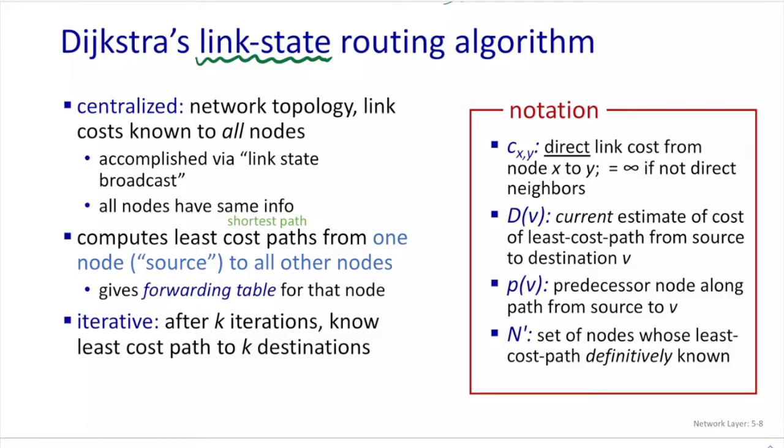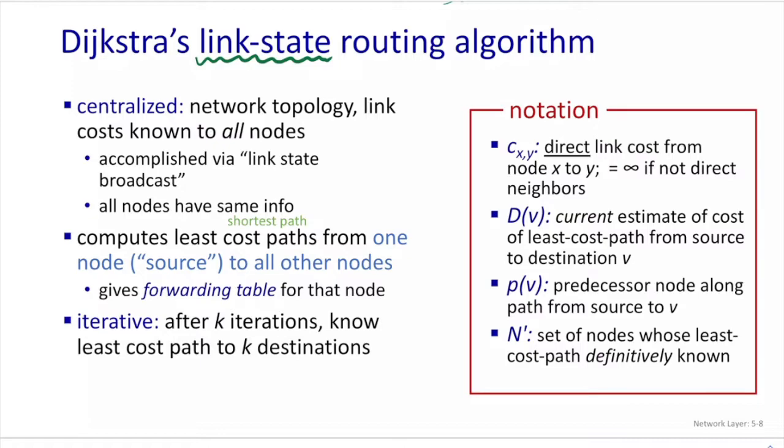Okay, so after they get all this information, they have to compute the least cost path from one node to the other nodes. Right here it says to all other nodes.